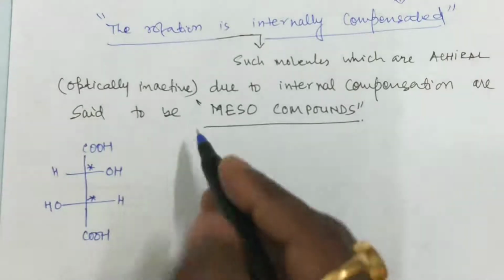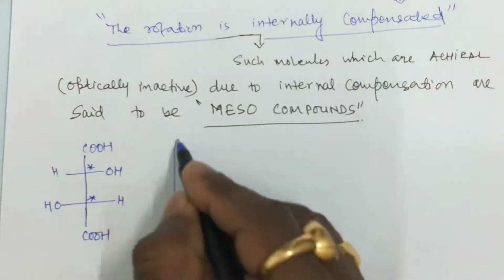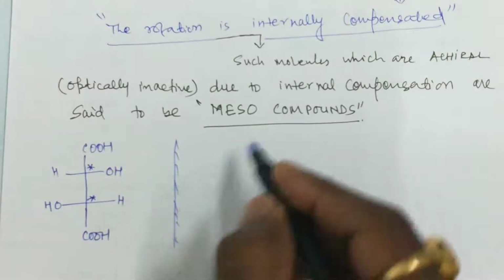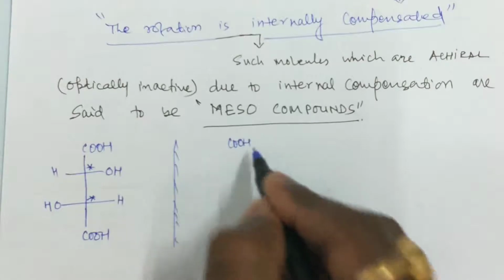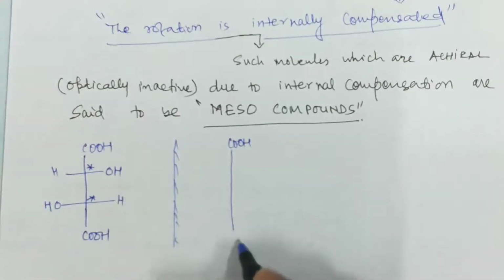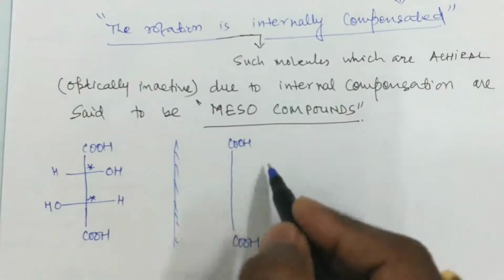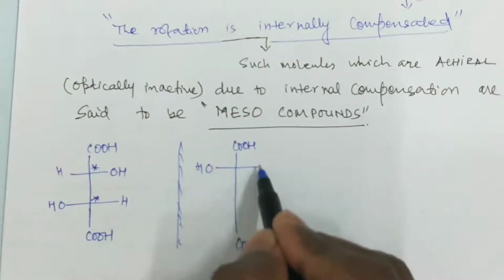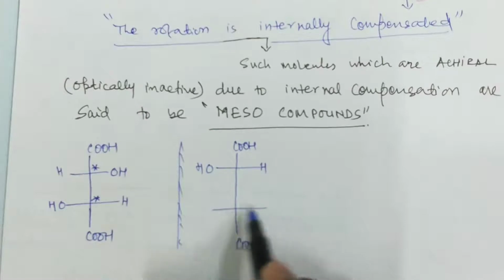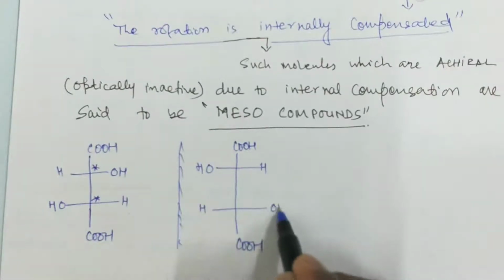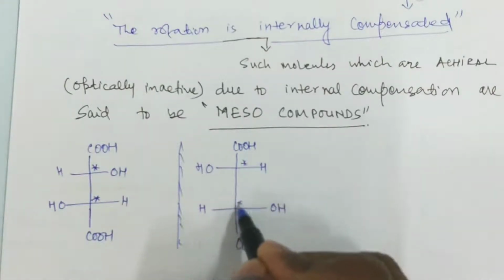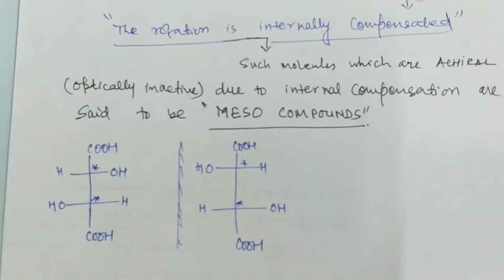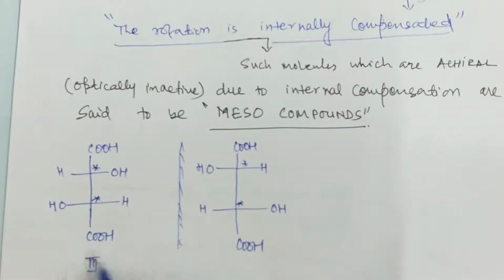So if you take the mirror image of this, COOH, you get the OH here, right? Now, this is structure number 3 and this is structure number 4.